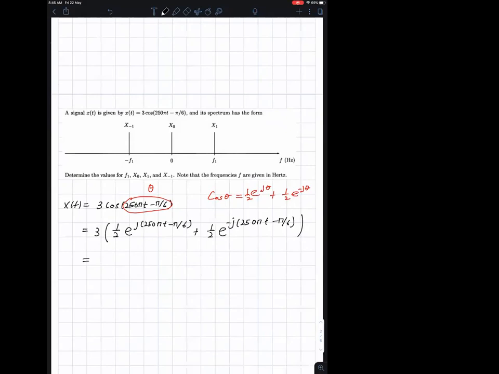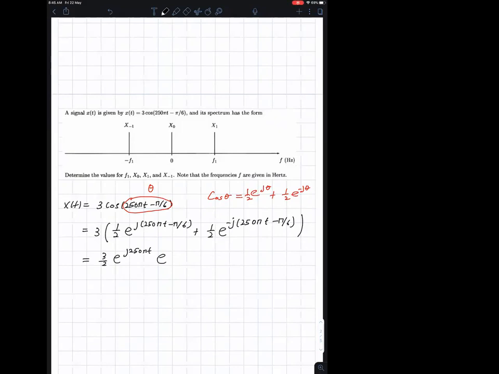So now you multiply the 3 through. So you will get 3 over 2. Okay, and let's multiply that out first: e to the j 250 pi t. That's a frequency part.